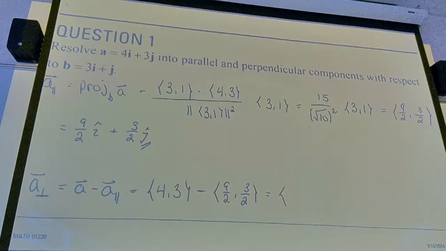Four minus 9 halves, and 3 minus 3 halves. That would be it.